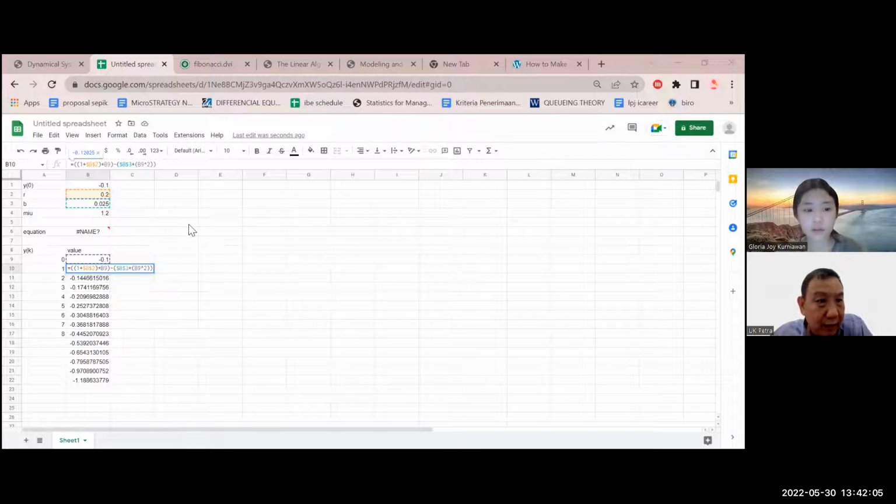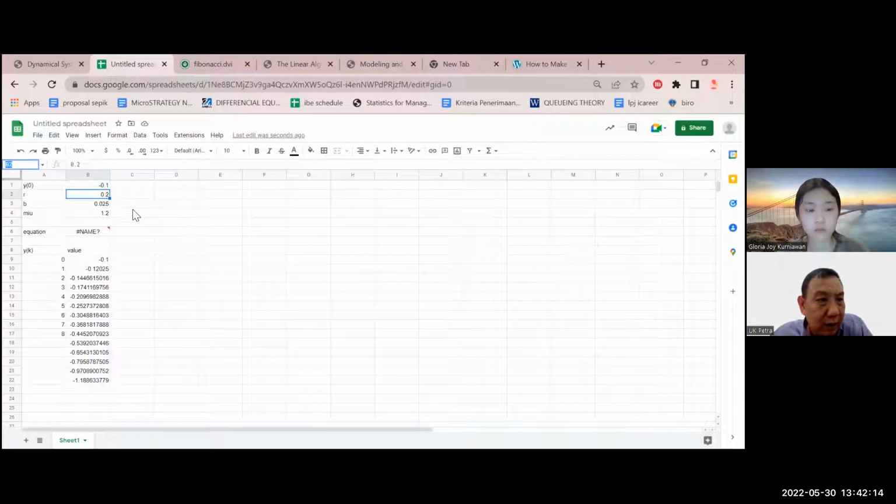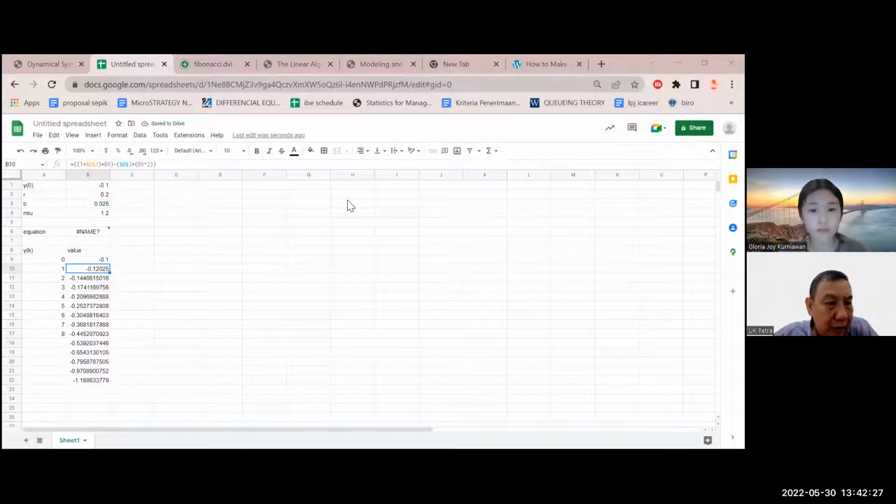Okay, so that one is R underscore, and then that is P underscore, and then that's mu. And then the y0 is the same.